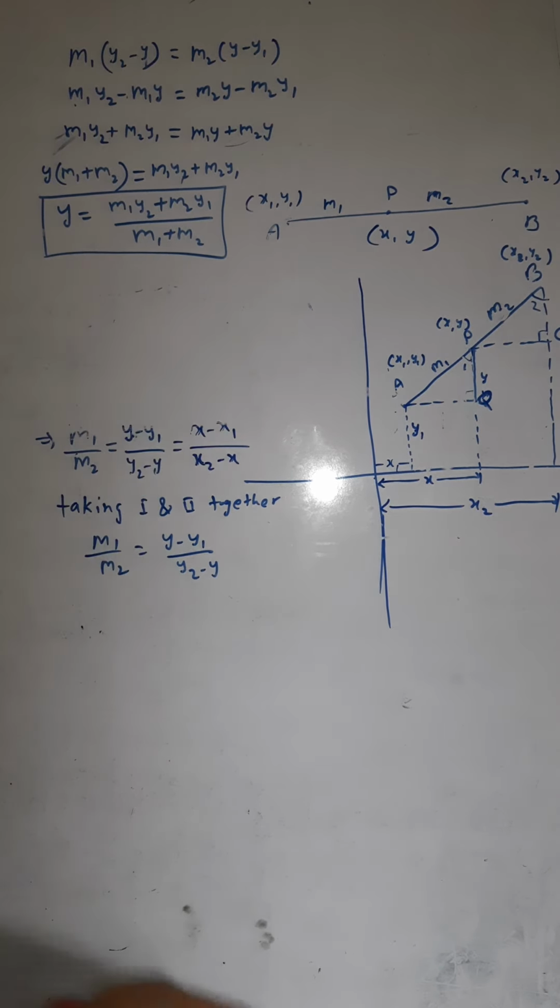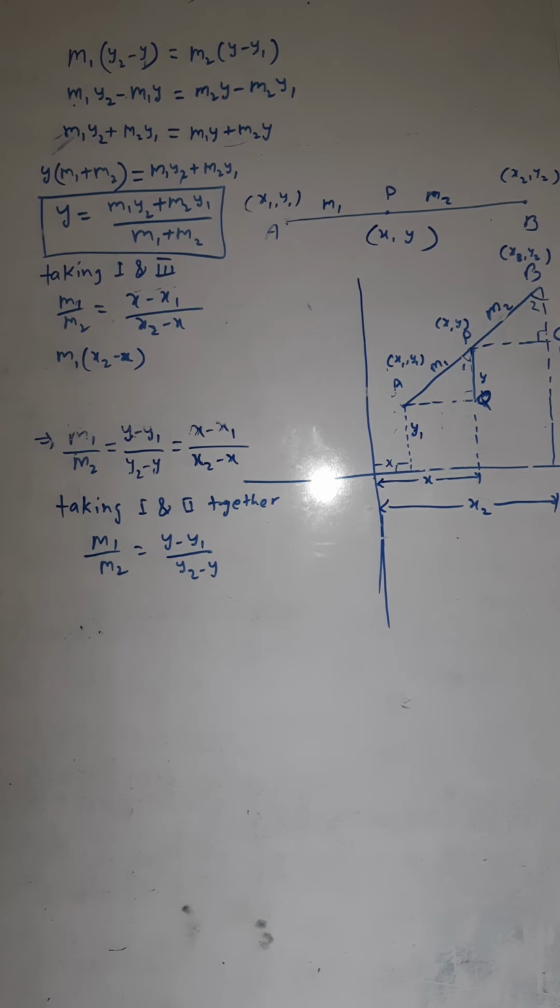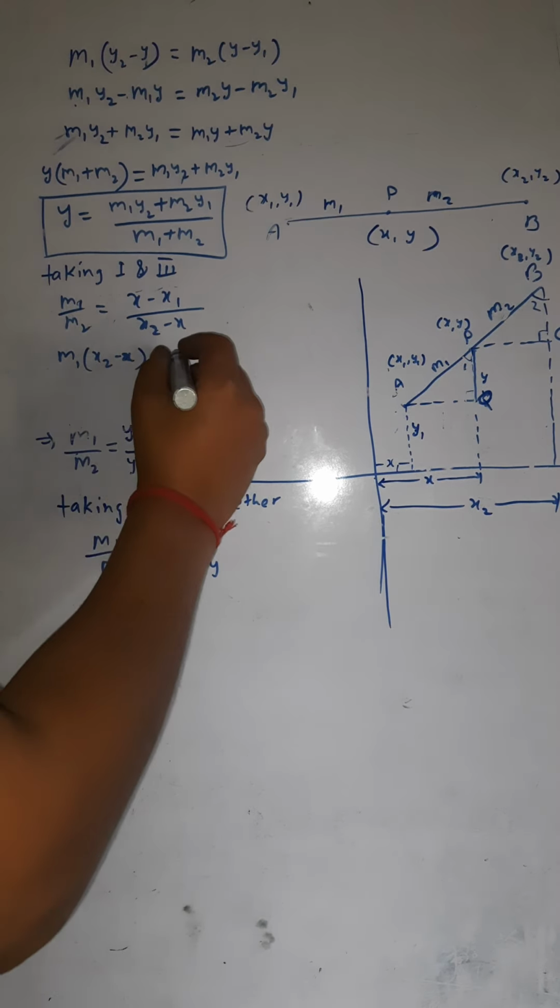As in the case there, here also you will cross multiply. It will be m1 inside (x2 minus x) equal to m2 inside (x minus x1). Now it will multiply inside.